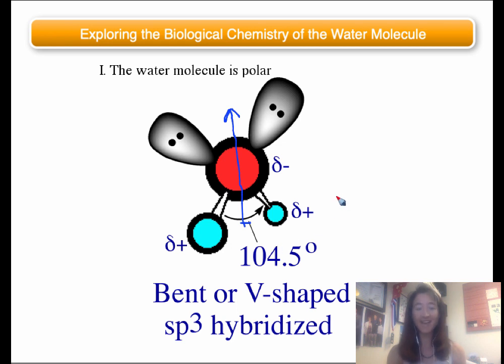We also recognize with this drawing that there are 4 electron groups surrounding the oxygen. The electrons are in 4 sp3 hybrid orbitals, pointing to the points in a box.